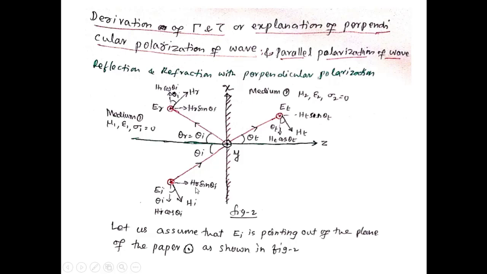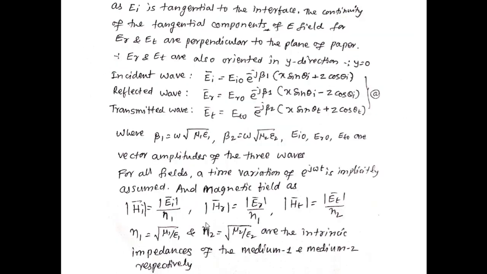Here the magnetic field components are HR sin theta i and HR cos theta i, and here the magnetic field components of the transmitted wave are HT cos theta t and HT sin theta t. Let us assume that EI is pointing out of the plane of the paper as shown in figure.